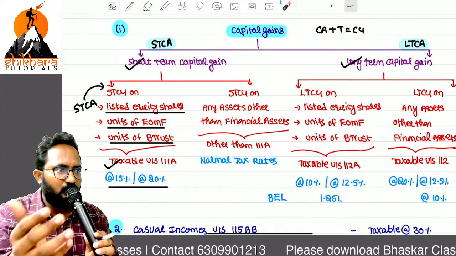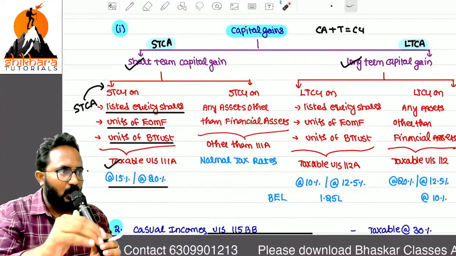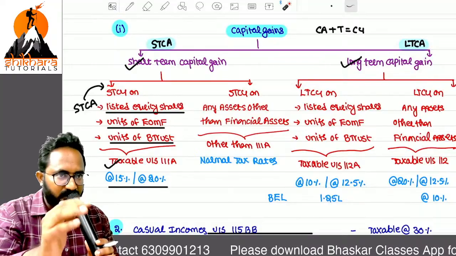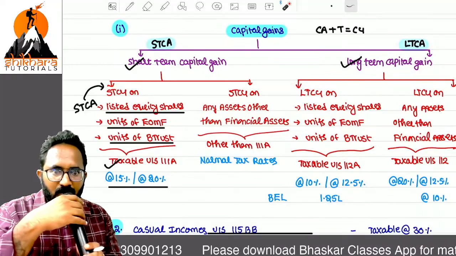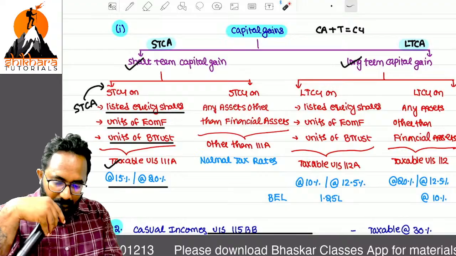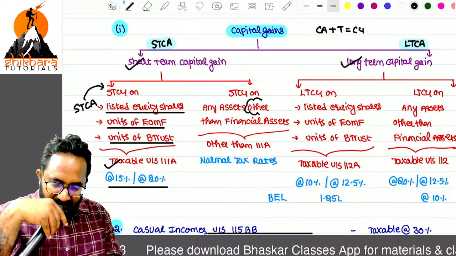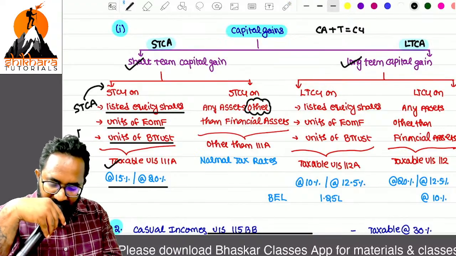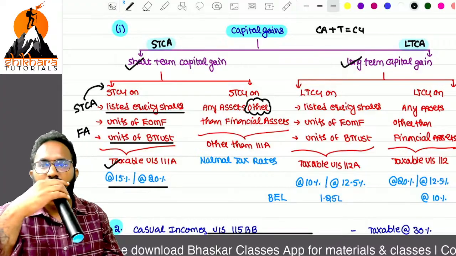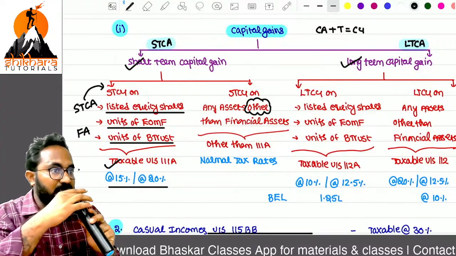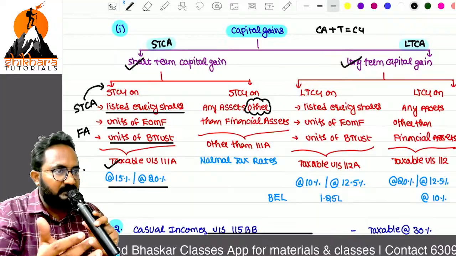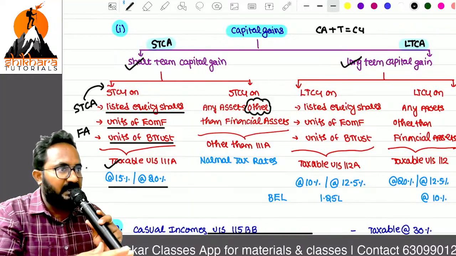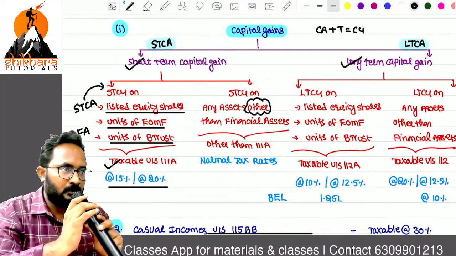Just 1 or 2 months back I purchased the gold, and now I am transferring it to others. Short-term, but it isn't a financial asset. These 3 assets are called financial assets.